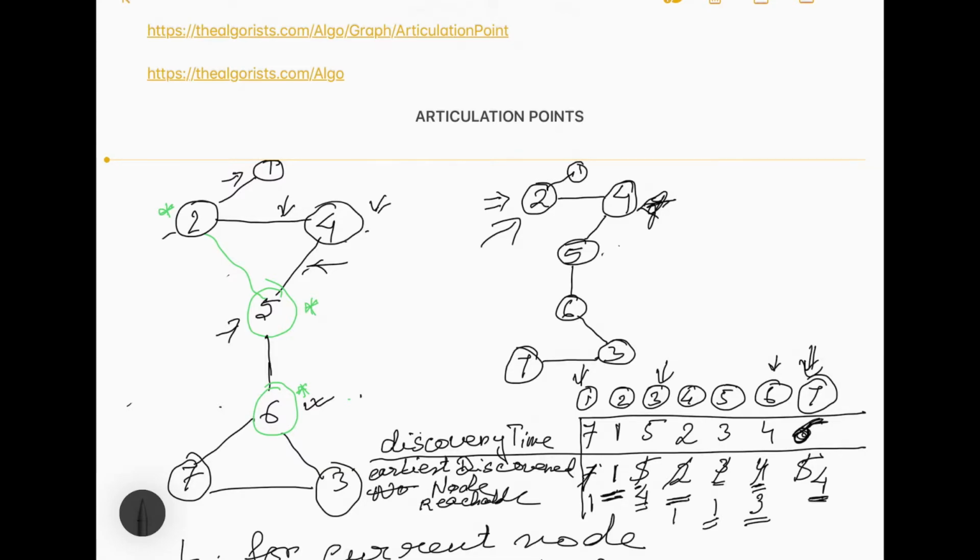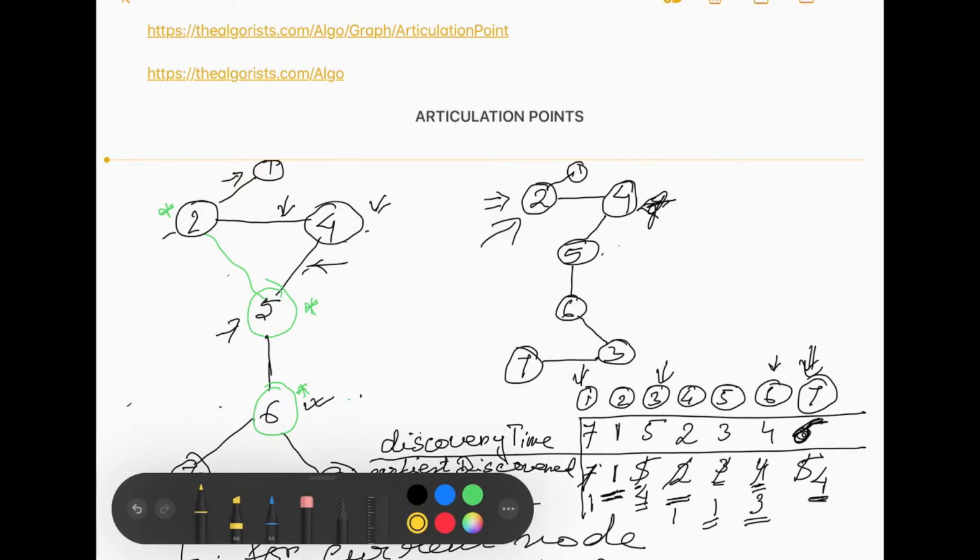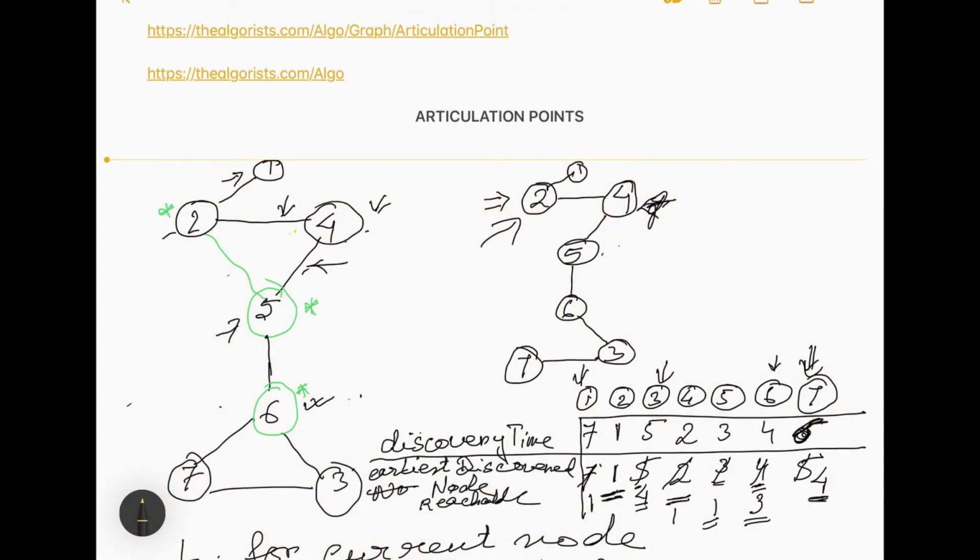That is why when we backtracked from 4 to 2, we did not recompute the earliest discovered node reachable from 2, because the DFS for all the adjacent nodes of 2 was not completed, since 1 was still left.